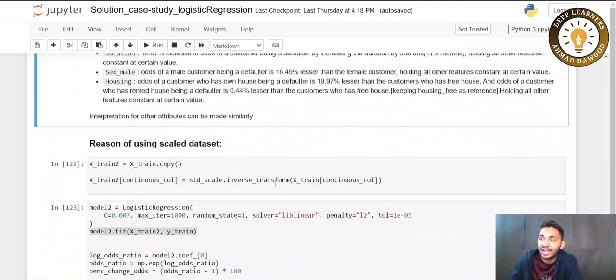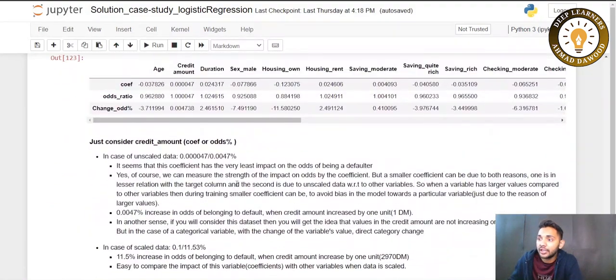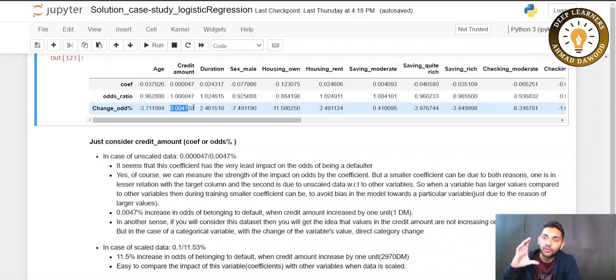And in the case of the unscaled data set, you are interpreting a 0.0047% increase in odds when your credit amount increases by 1 Deutschmark. But in our data set, credit amounts do not really increase by 1 unit.